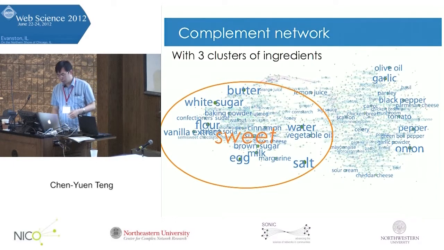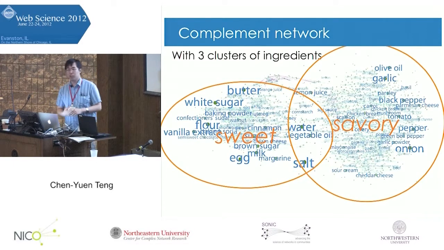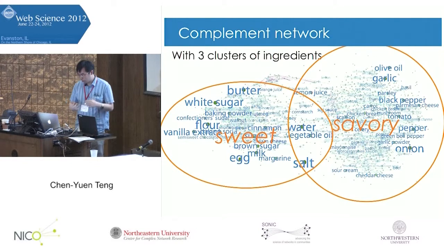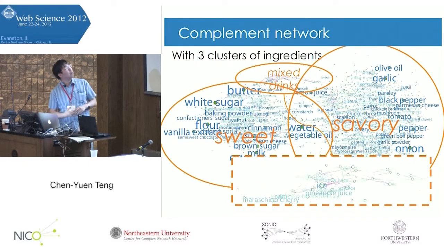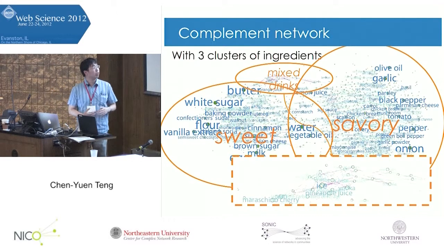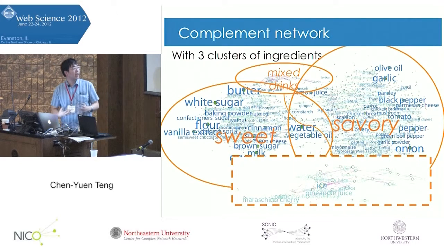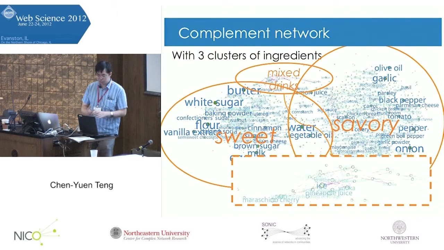The other community is the savory community, with garlic, olive oil, onion, and pepper. And the last one is mixed drinks, where you will see vodka, juice, pineapple juice, ice, and so on and so forth.